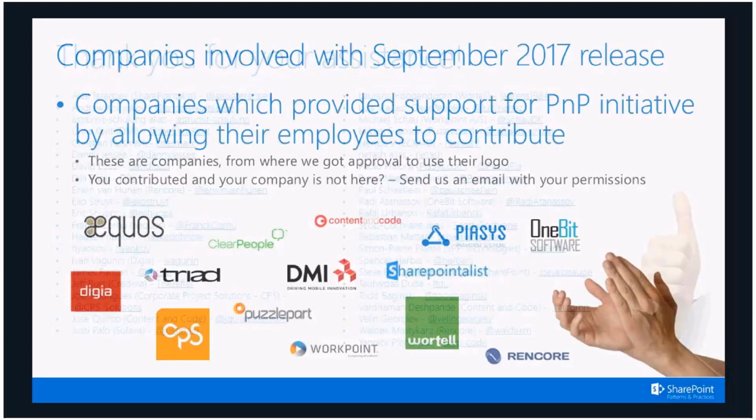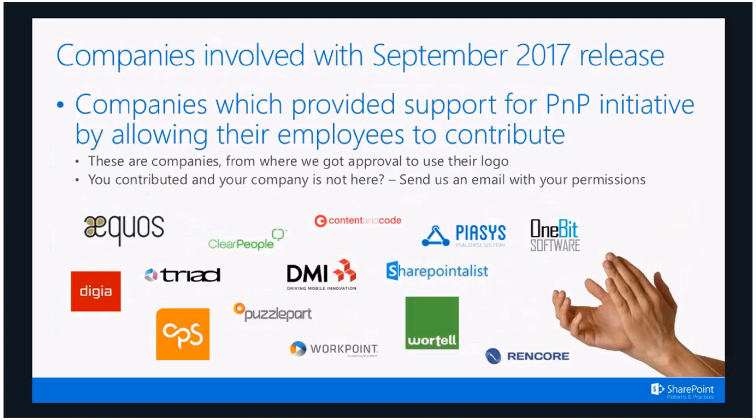On the company side, for those people in the previous list, some people have given us the permission to show their company logo as well. And this is the list of companies where people were actually working. So essentially, these are the companies who gave their employees permission to use their time to help each other in the community and help other people in the community to be successful.